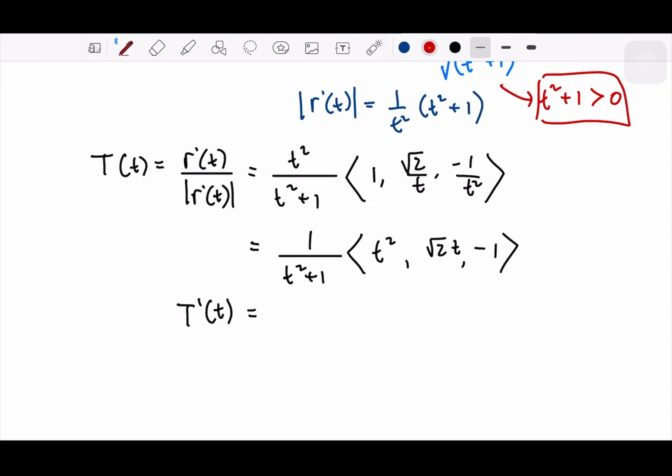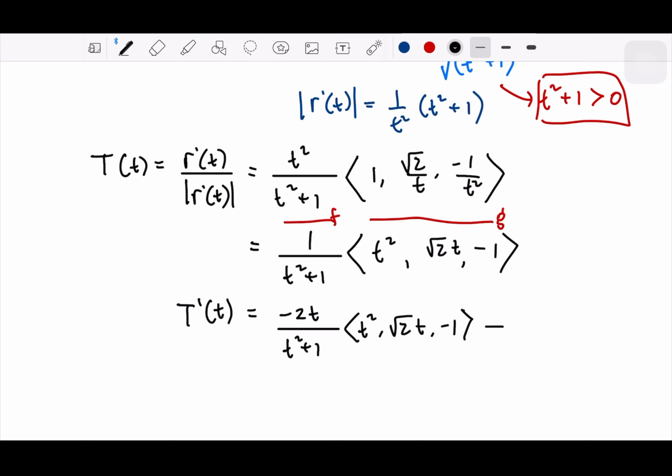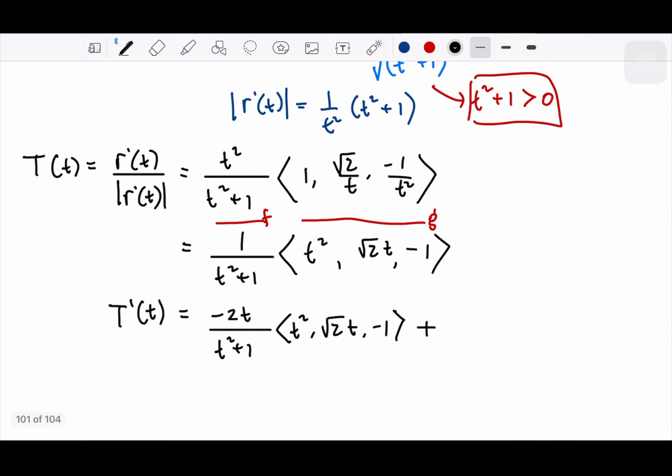So we need to apply the product rule. This will be a little bit complicated, so you need to be careful with all these calculations. So this will be negative 2t over t squared plus 1. That's the first one, plus the other one will be 1, and then the derivative of the factors, this is 2t, square root of 2, 0.